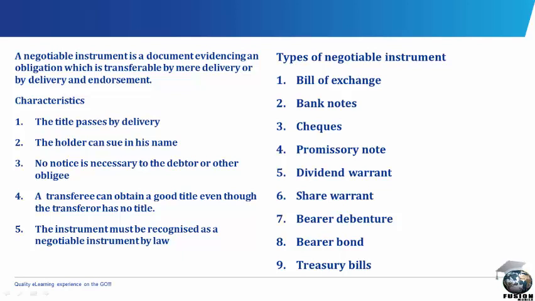A bill of exchange is drawn by the creditor, while a promissory note is drawn by the debtor. 4. Bills of exchange are drawn in sets, while promissory notes are made singly. 5. There are 3 parties to a bill, while there are only 2 parties to a promissory note.